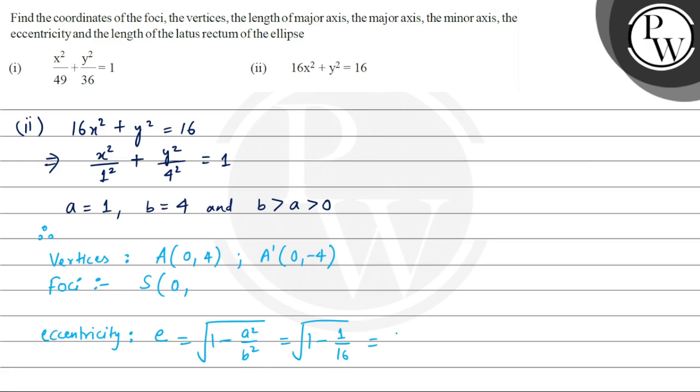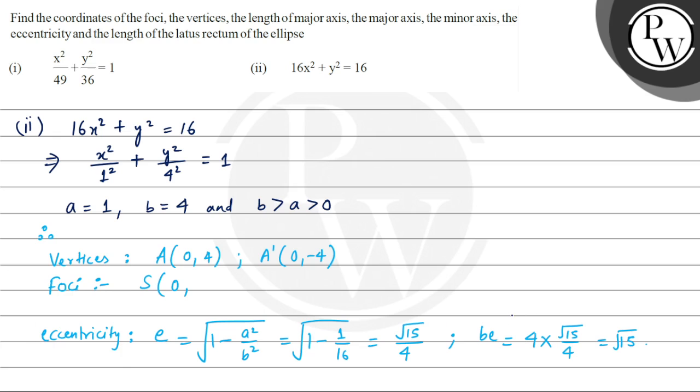Solving it, we will have root 15 upon 4, right? And here we have to calculate be, not ae. So be is 4 into root 15 upon 4, and that would be equal to root 15, right?